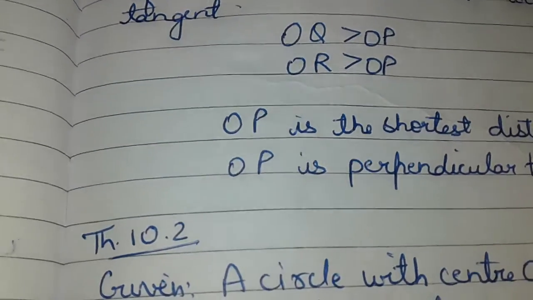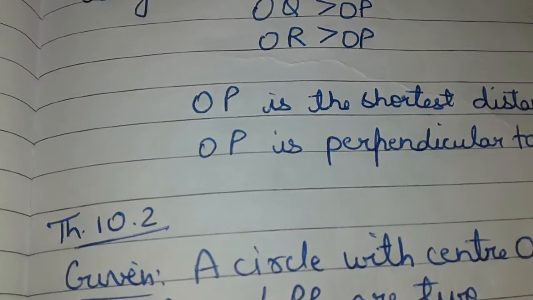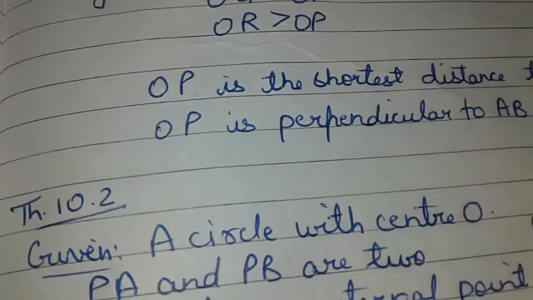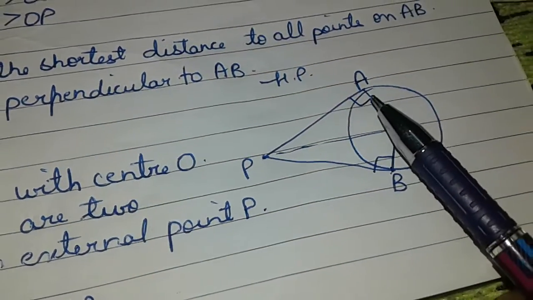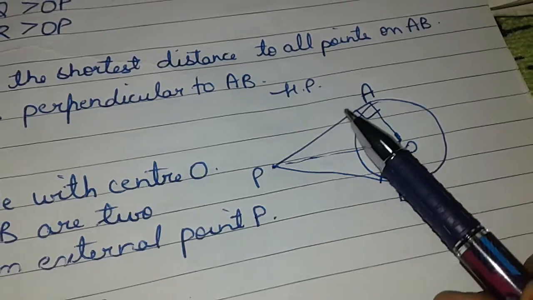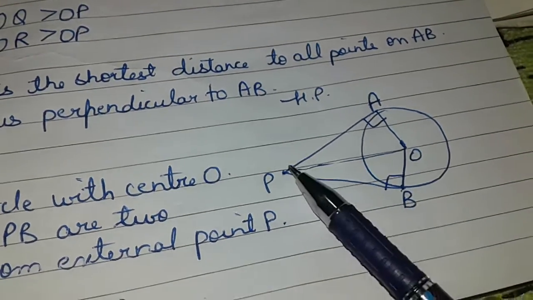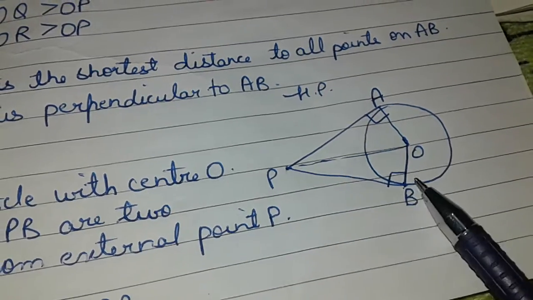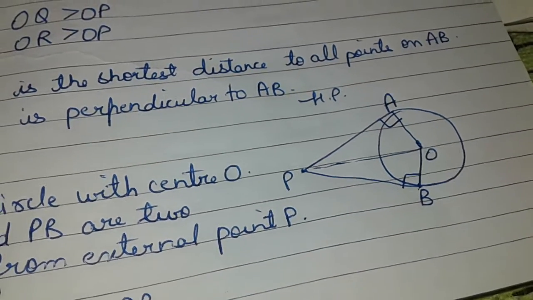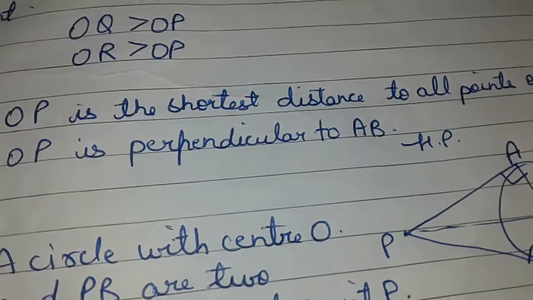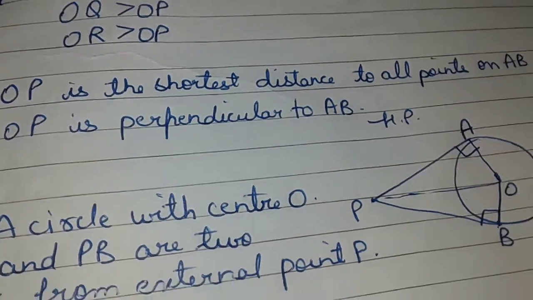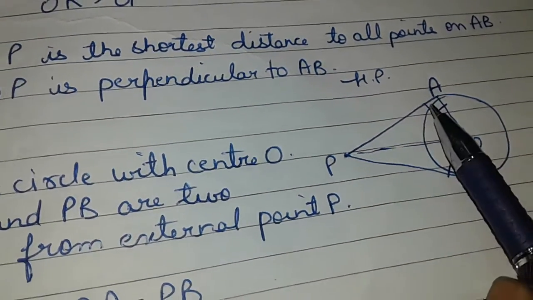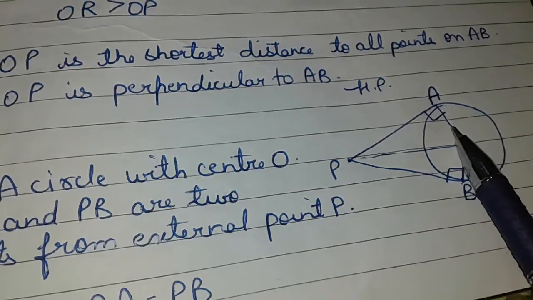The tangent at any point of a circle is perpendicular to the radius through the point of contact. With the help of this theorem, we can say that OA is perpendicular to PA and OB is perpendicular to PB, and OP is common. These three things we have used to prove the congruency in these two triangles. By RHS, these two triangles will be congruent. Right angle, hypotenuse, side.